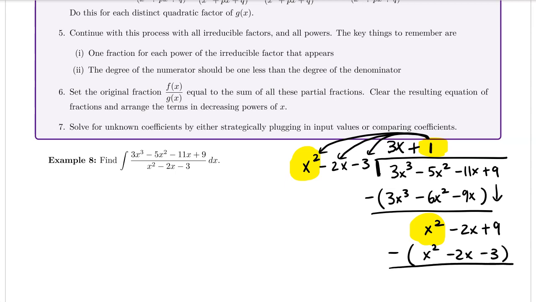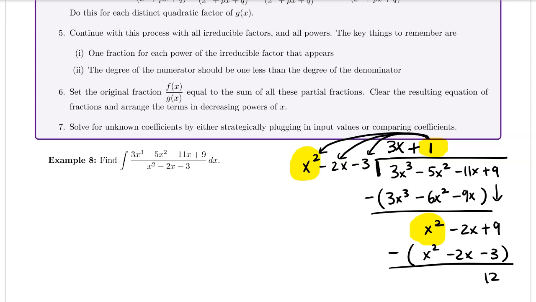I'm going to go ahead and subtract vertically. So x squared minus x squared is 0. Negative 2x minus negative 2x is also 0. And then 9 minus negative 3 is positive 12. Now, I can't go any further because now I have a constant, so that constant represents my remainder.